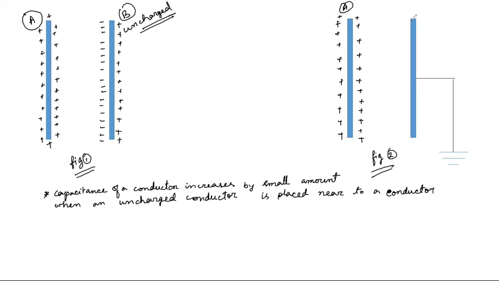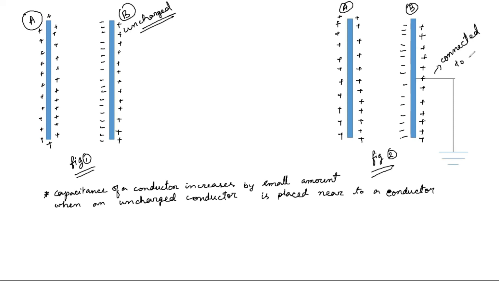But now again, if we place an uncharged conductor near this plate A, a similar process is going to happen. A negative charge will be induced in the inward face of plate B, and a positive charge will be induced in the outward face of plate B. But if you see this diagram, the outward face is connected to Earth.